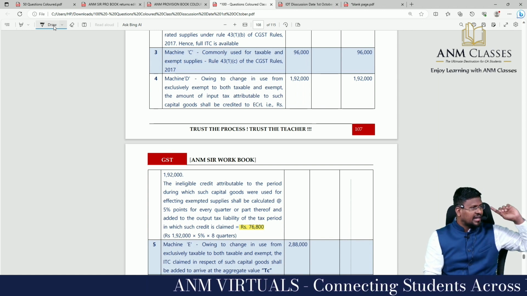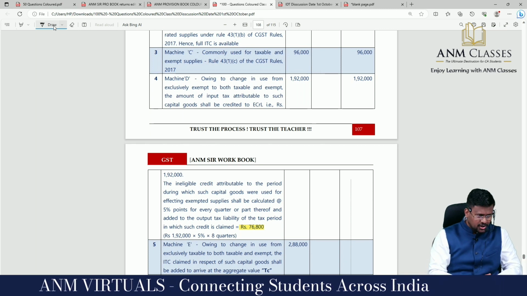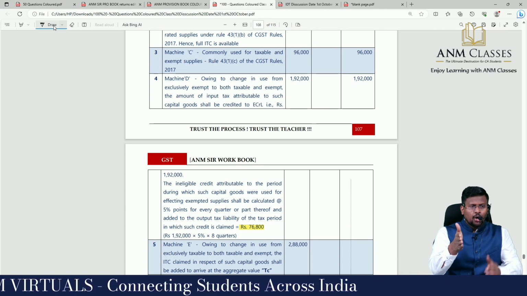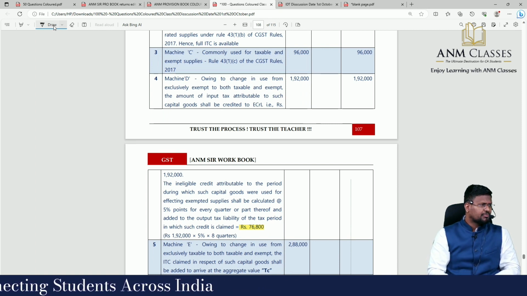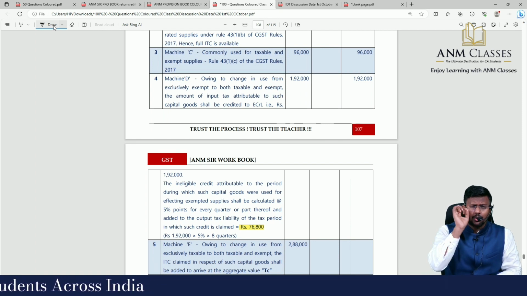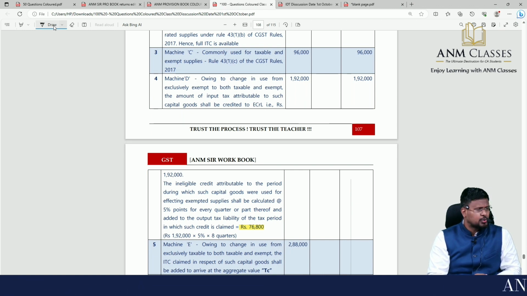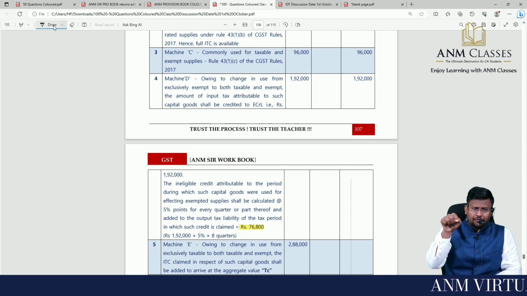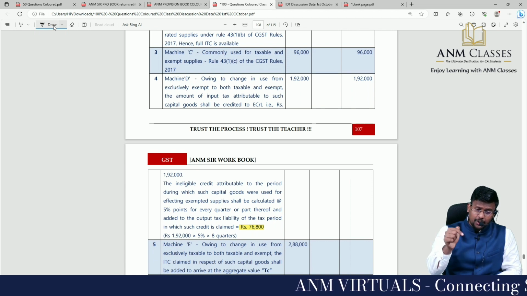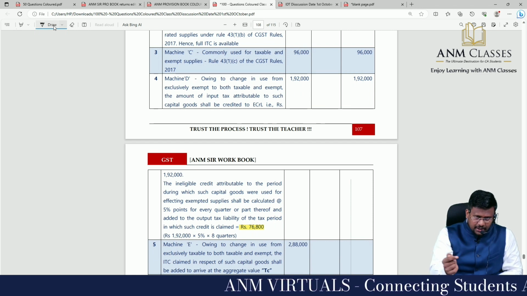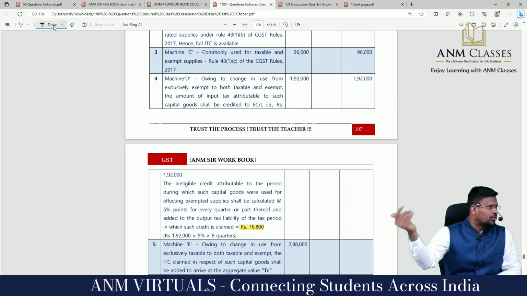Now what happened to the entire 1,92,000? It became eligible ITC. Because for the first 2 years of owning the machinery, you used it only for exempted supply. For that portion of usage, that is 2 years, that is 5% per quarter or part of the quarter, that is 20% per year, that is 40%, has to be put in the dustbin.